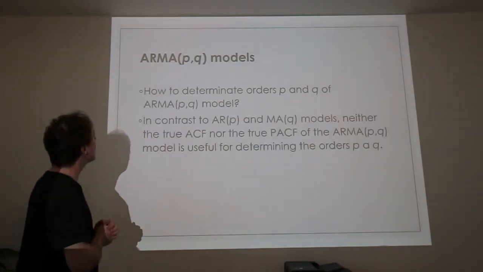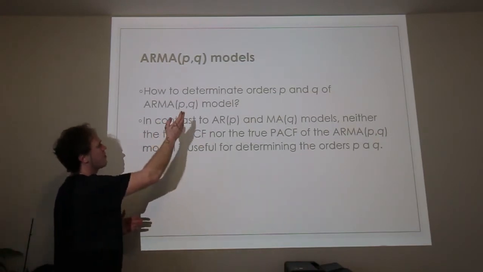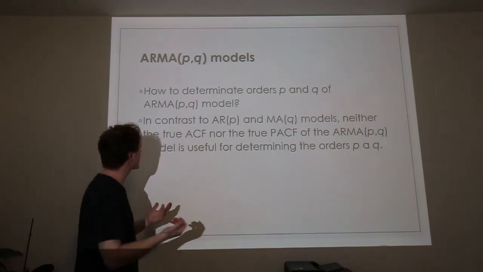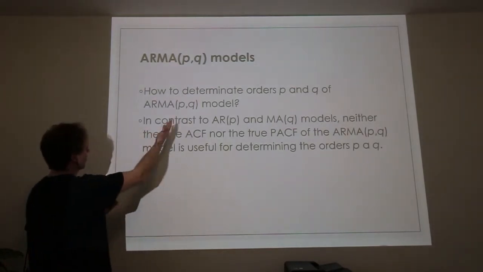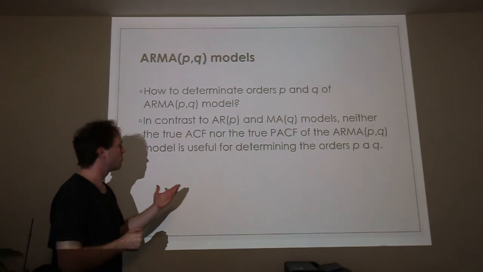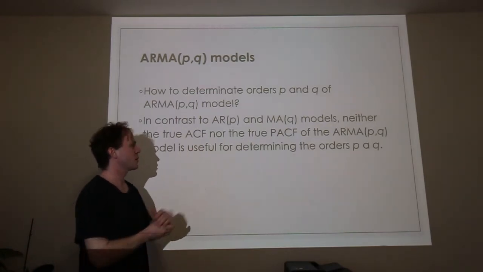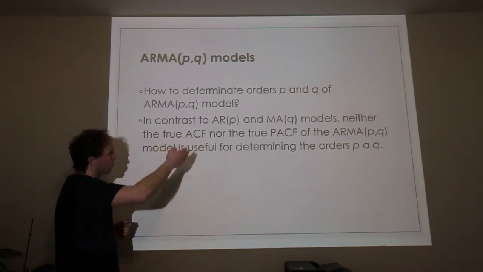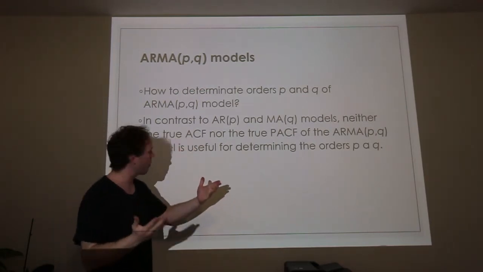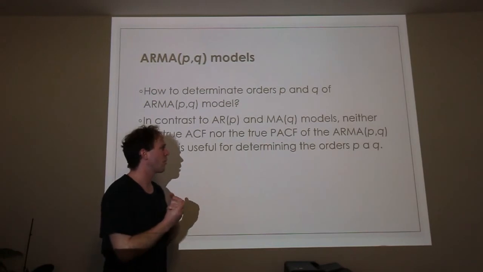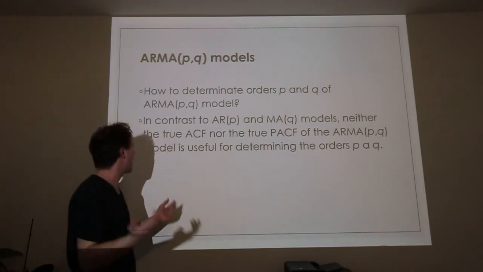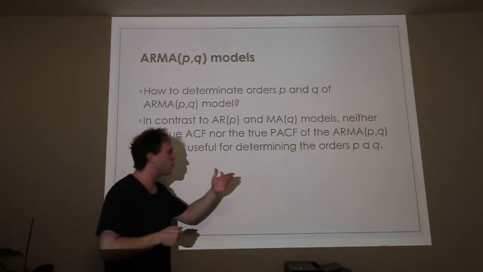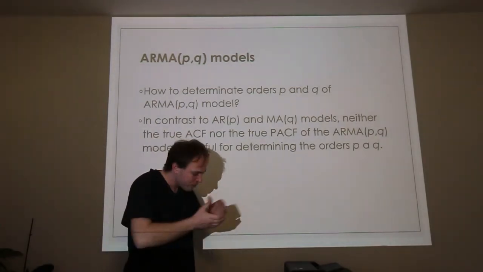Okay, you can continue. How to determine orders P and Q of ARMA models. In contrast to autoregressions and moving averages, neither the true autocorrelation function nor the true partial autocorrelation function of ARMA processes, ARMA models, is useful for determining the orders P and Q. Why?